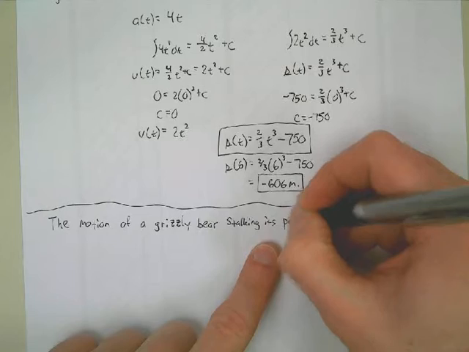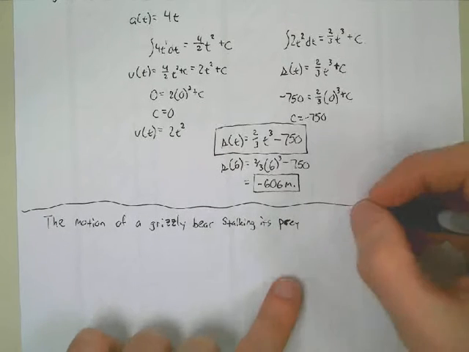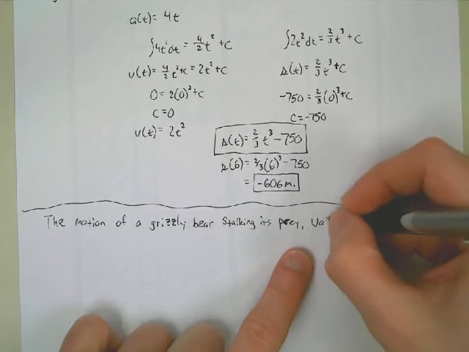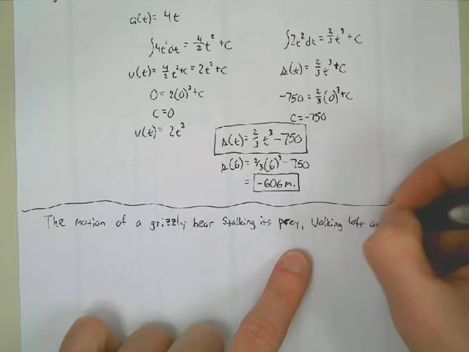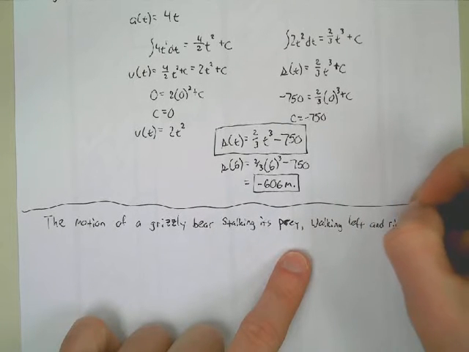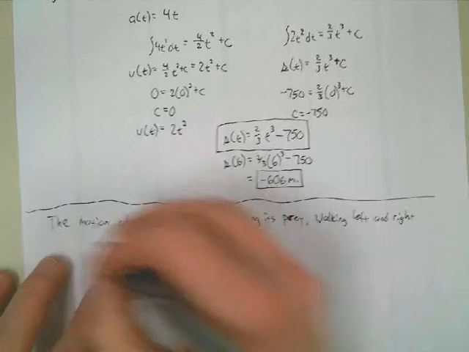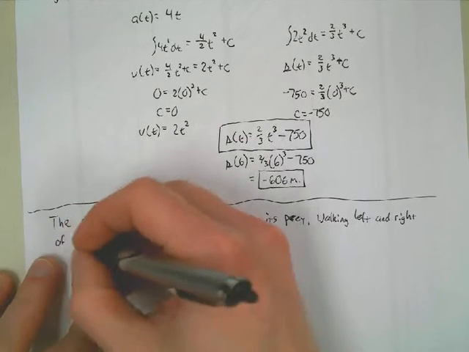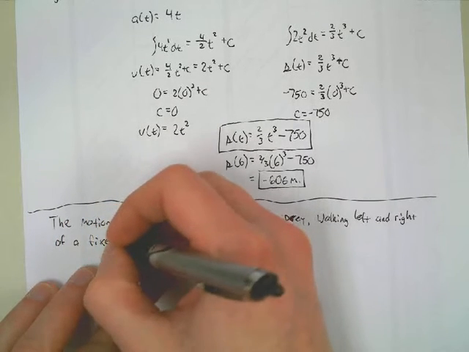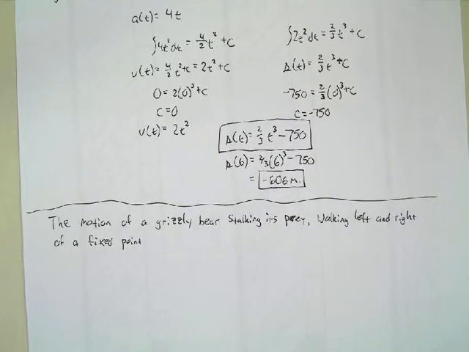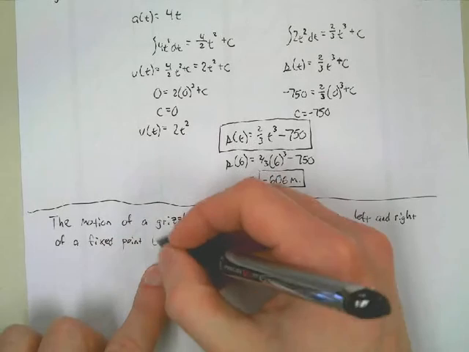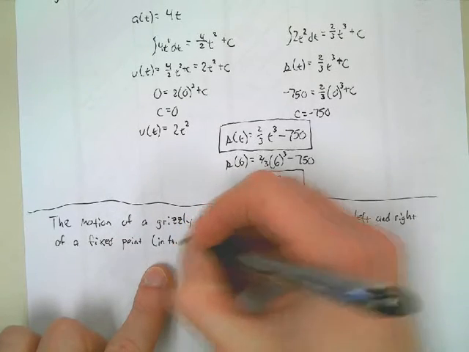Stalking its prey, walking left and right of a fixed point. That's Leonardo DiCaprio, the fixed point. So the motion of a grizzly bear stalking its prey, walking left and right of a fixed point, in feet per second.